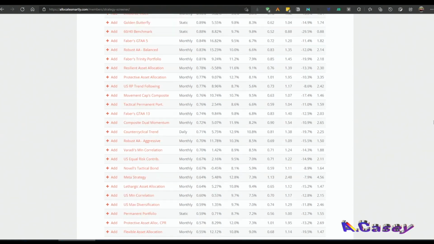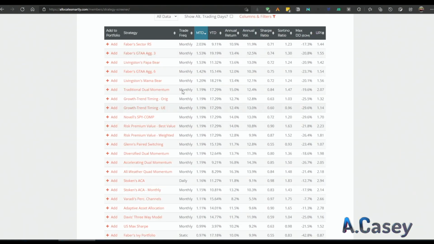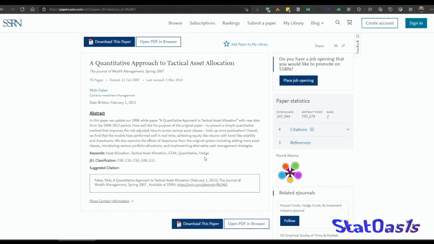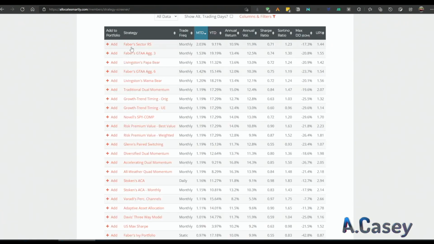Now, these are not their own strategies. These strategies are picked up from places like SSRN. So they go and, for example, click on this journal and read it, and these journals are all white papers, so they are peer reviewed and all the rules are clearly stated in them. And so they go about implementing those rules and building a model using their data, and they take everything into consideration, like time, commission, slippage, what ETF, and so on and so forth.